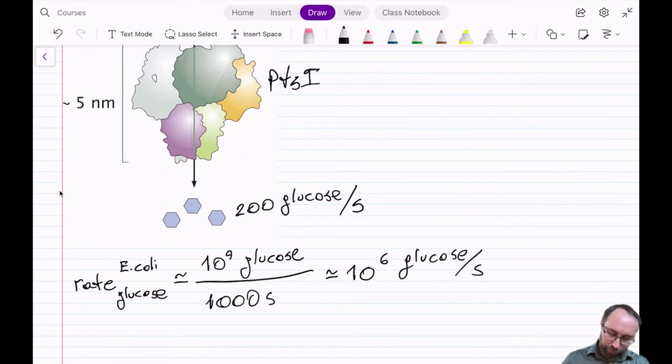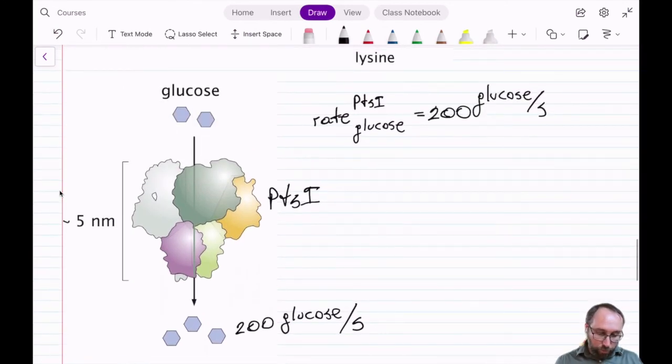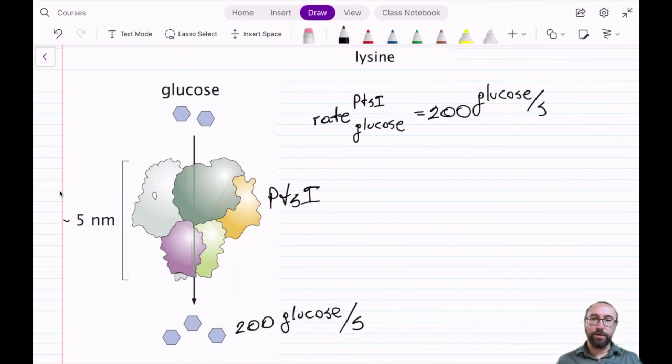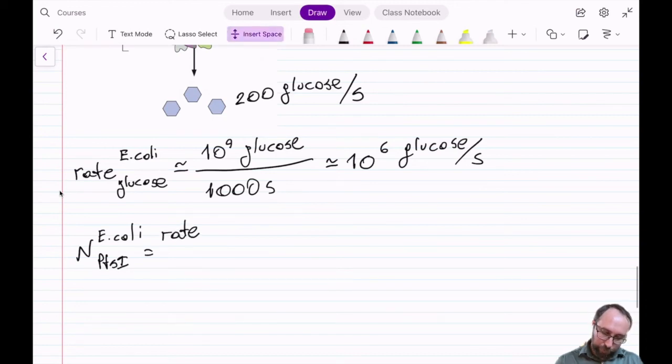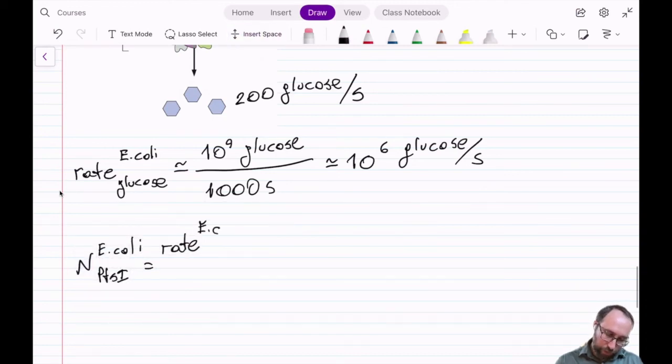per second, okay? But we know that one PTS molecule brings in 200 glucose molecules per second, which means that the number in E. coli of PTS1 transporters is the rate in E. coli that I need of glucose molecules divided by the rate of a single PTS1.